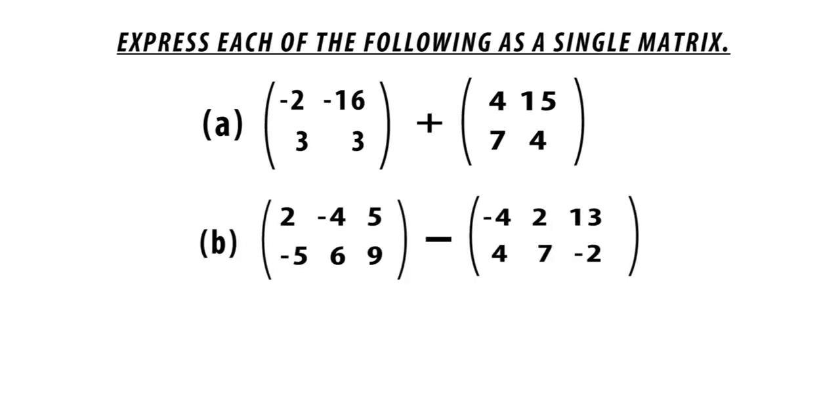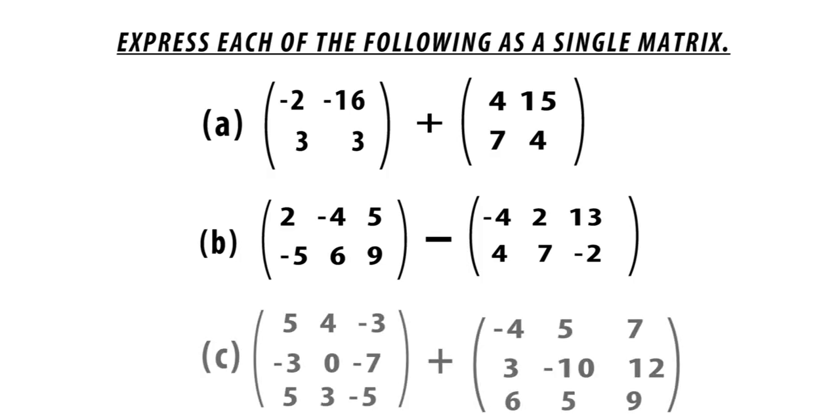B. The matrix 2, negative 4, 5, negative 5, 6, 9 minus the matrix negative 4, 2, 13, 4, 7, negative 2.